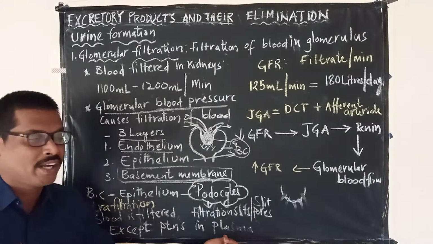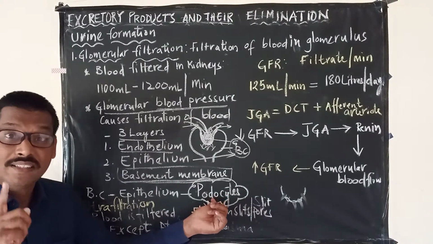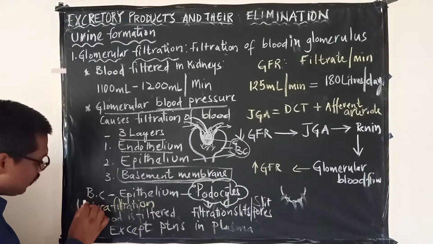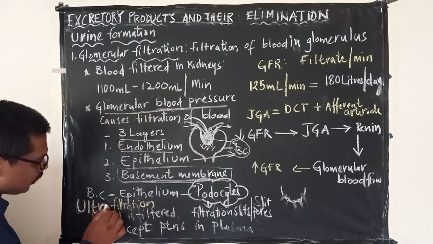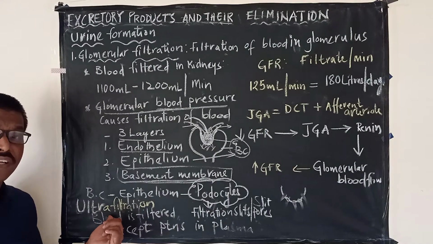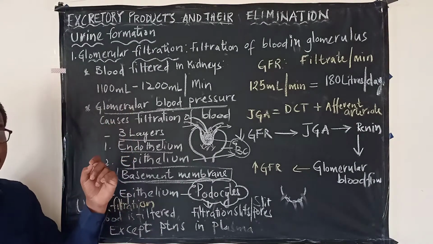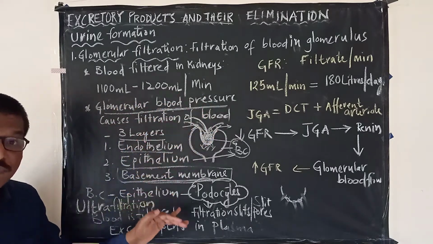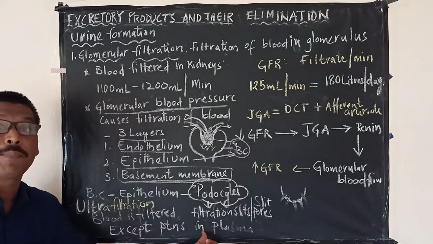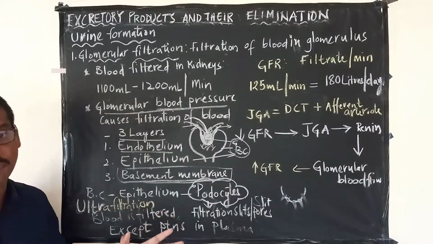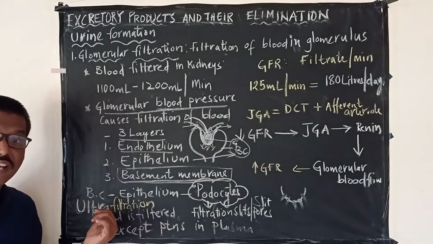They will not come outside through these podocytes. That's why we are calling this process the ultrafiltration. So what is ultrafiltration? Due to the glomerular blood pressure, the blood is filtered except the proteins present in the plasma. In such case, we are calling this as what?